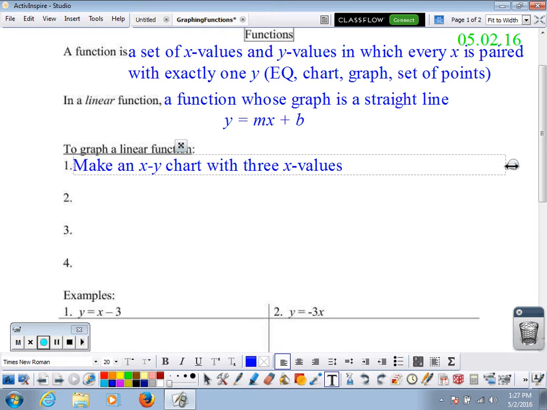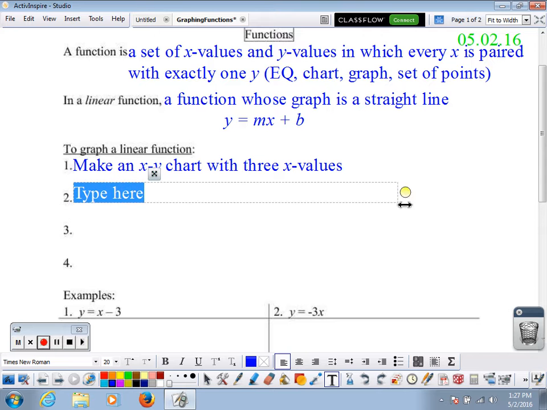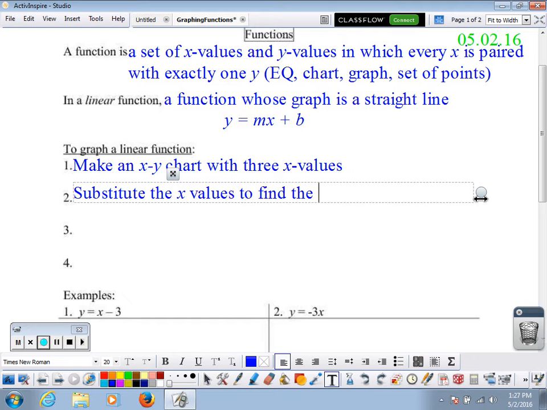Now, I know you've made XY charts before. You may have called them input-output tables or function tables, but somewhere along the way, you made an XY chart. Okay? Now, we get to pick whatever x values we want, and we'll talk about which ones to pick a little bit later. But we pick whatever x values we want, and then we substitute the x values to find the matching or paired y values.